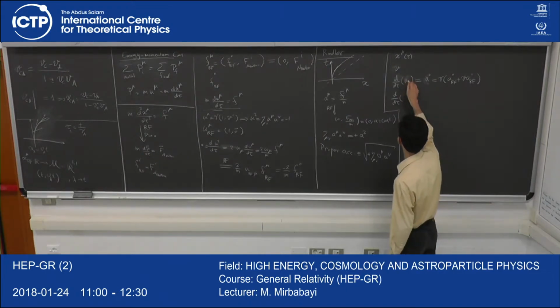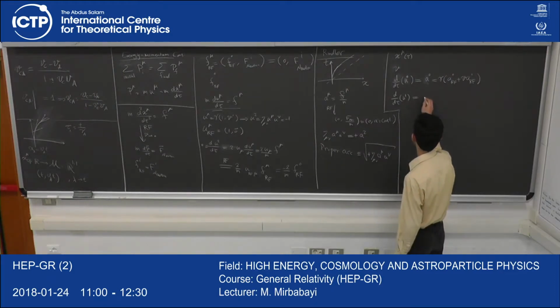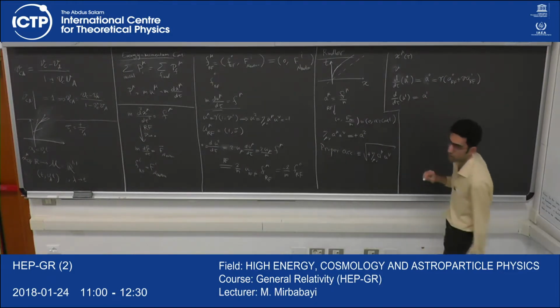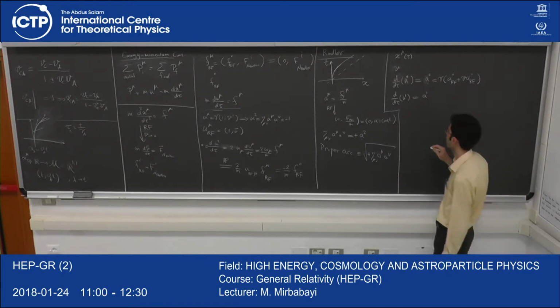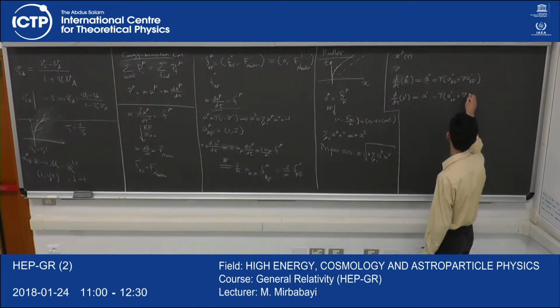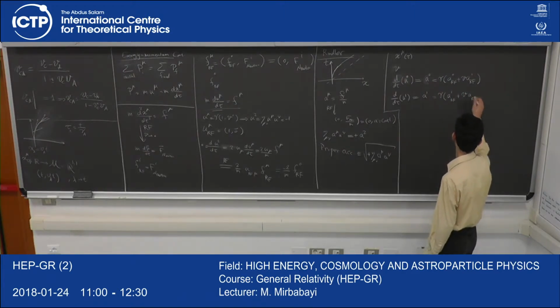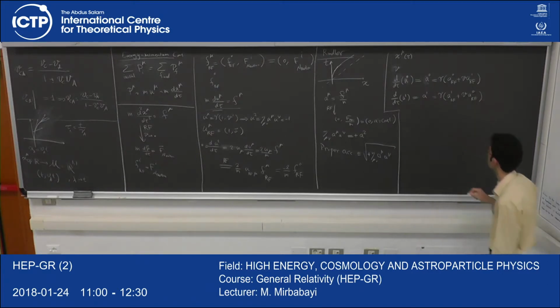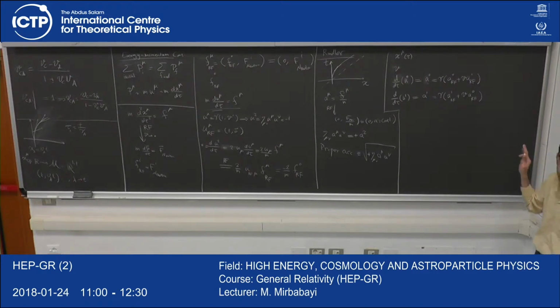So let me be more explicit: u1 is the spatial component of velocity, and the acceleration is related to the acceleration in the rest frame by a Lorentz transformation. So everyone agrees with this equation.